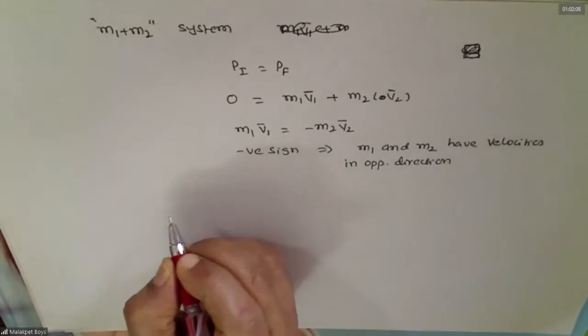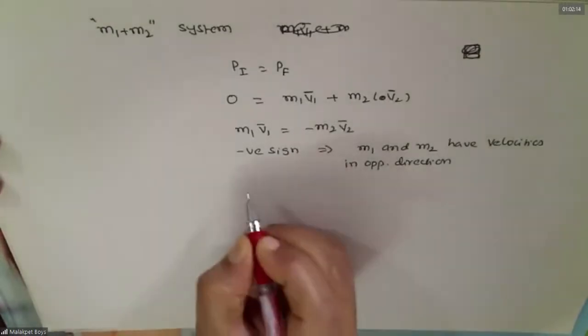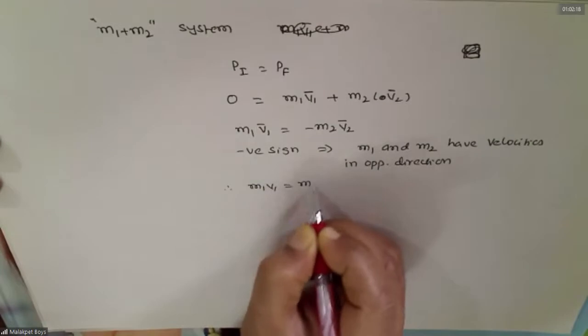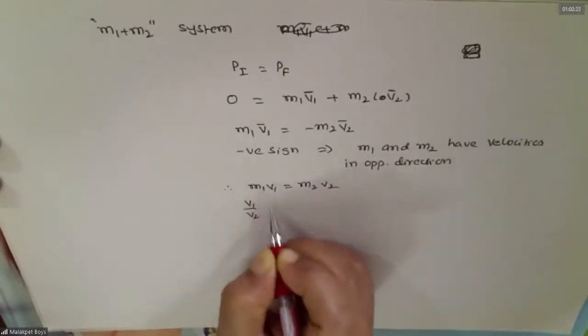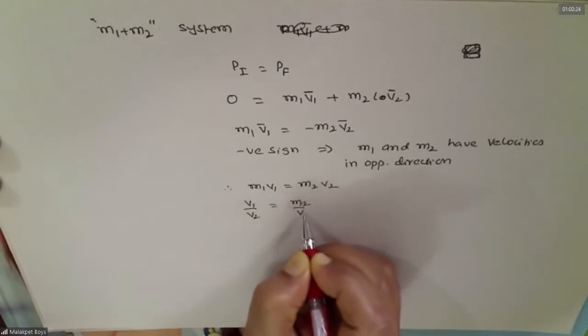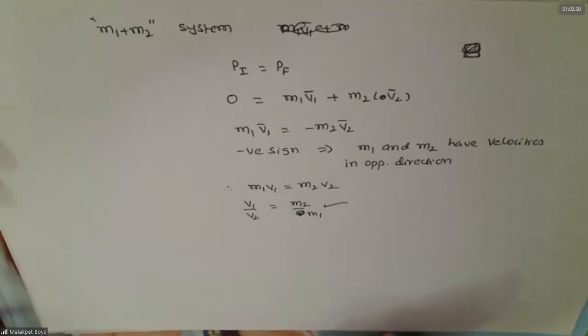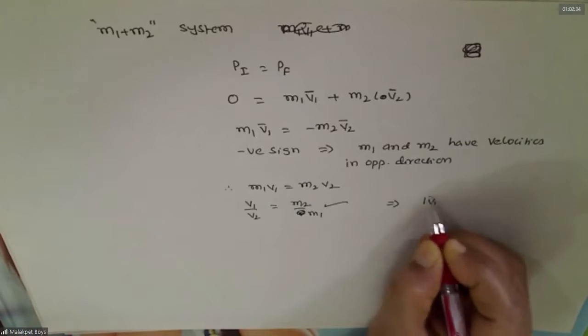Clear? Magnitude wise, we have this now. So he is asking the ratio of this. Two by m. This is one thing. He is asking that one now, first, then displacement ratios.